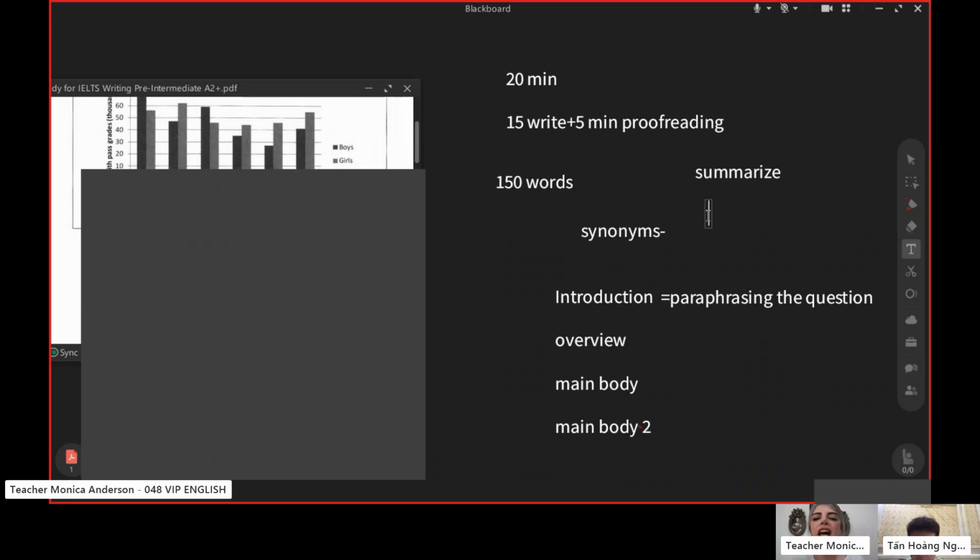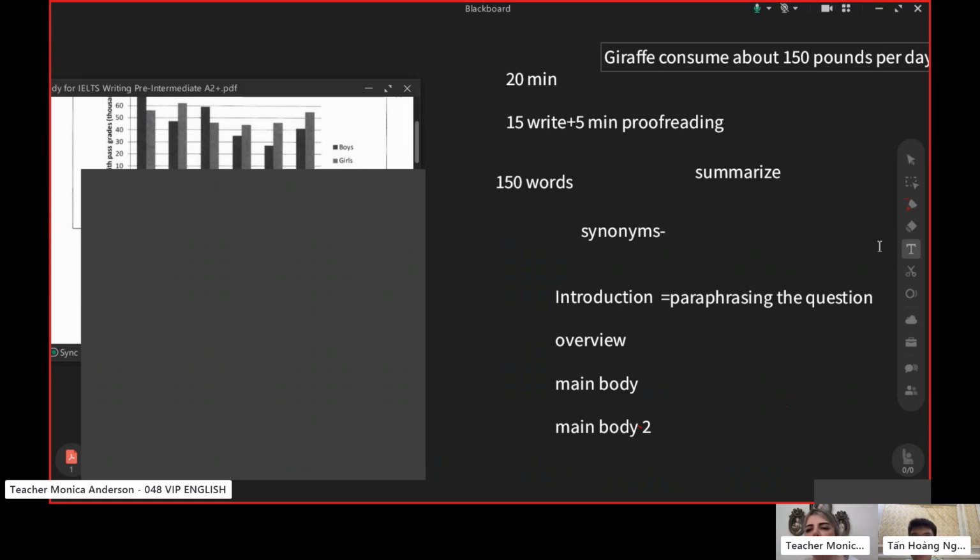For example, let's make an example here. Let's write: giraffe consume about 150 pounds per day.